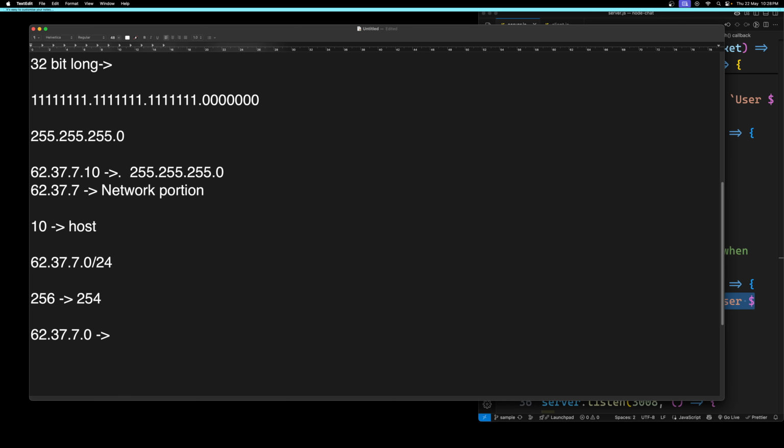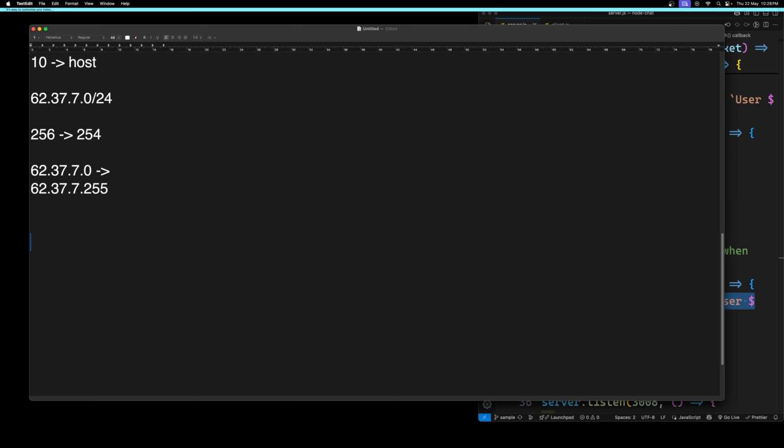And with all ones, 62.37.7.255 is called the broadcast address, used to send data to all the devices in that network. So you are left with only 254 usable host addresses for devices like your laptop or your phone.